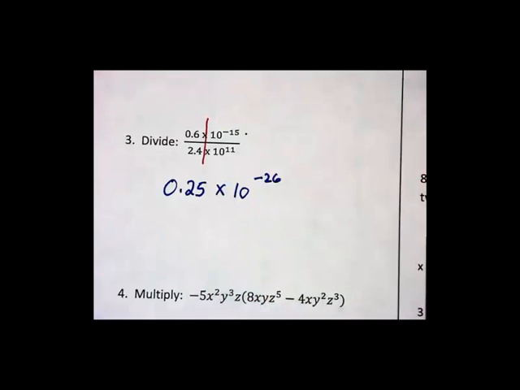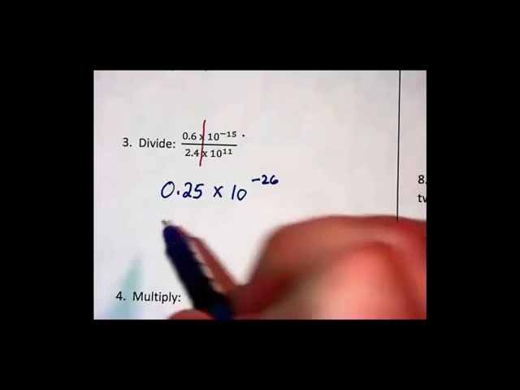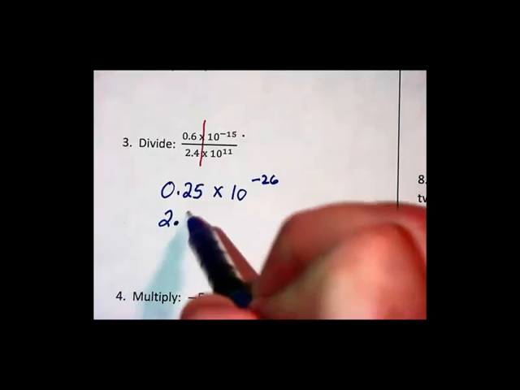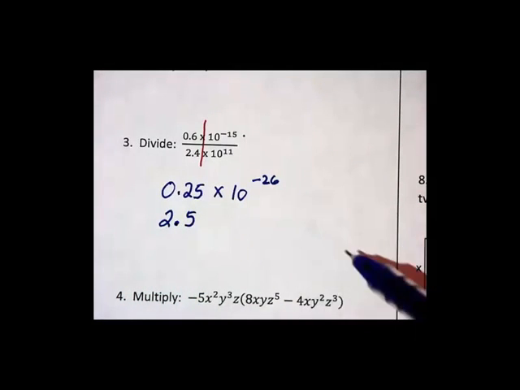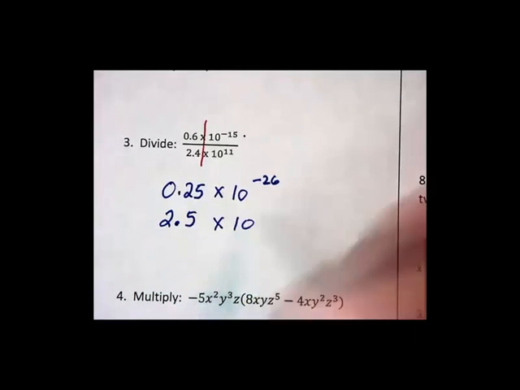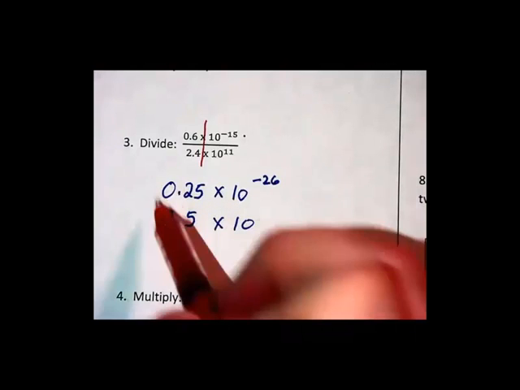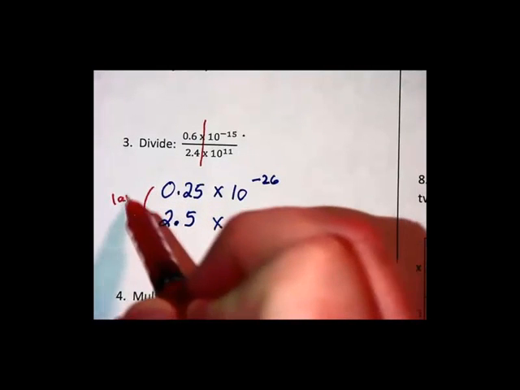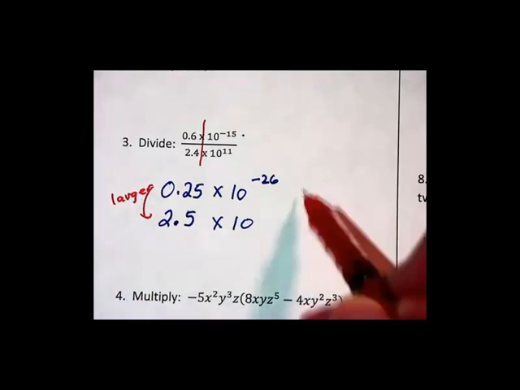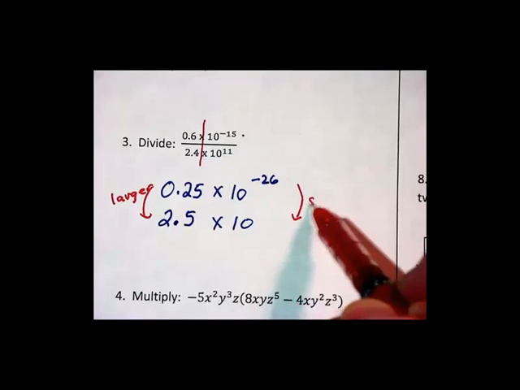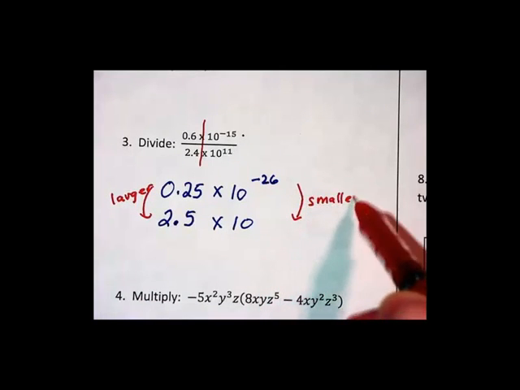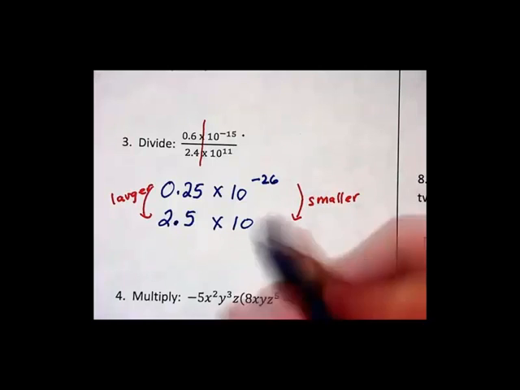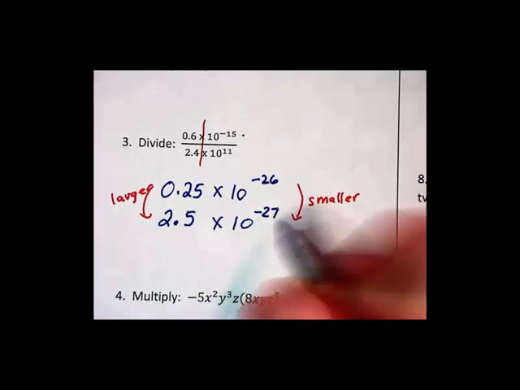This again is not in scientific notation, so we need to write this with one digit to the left of the decimal that's not 0. And since on the left this got larger, multiplying by 10, this is going to get smaller on the right, dividing one of those 10s off and making this a negative 27th power.